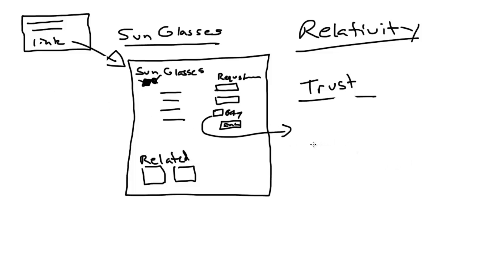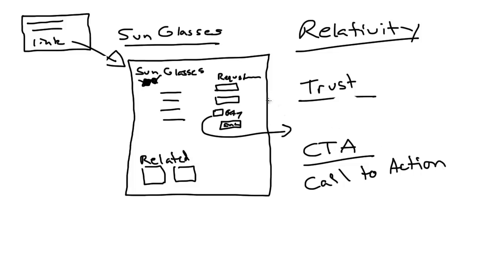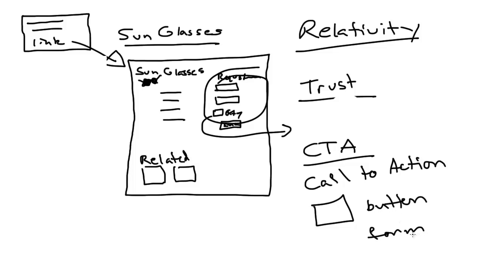The final thing is call to action. Call to action, which we talked about earlier, and that's where this part came in. Whether it's a button or a form, and a form could be like a newsletter sign up.